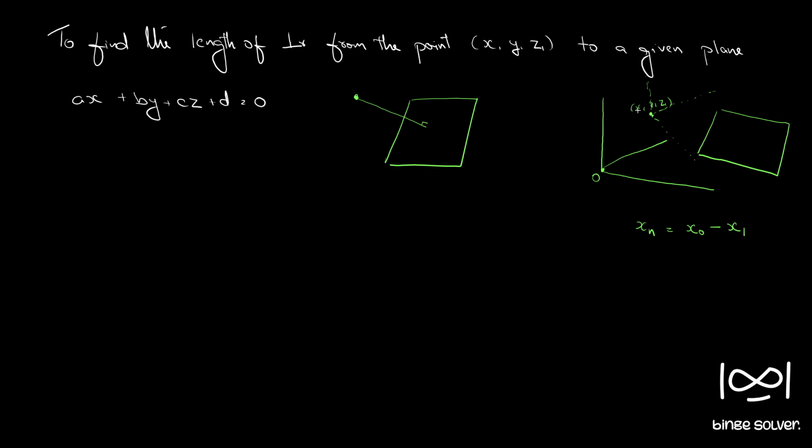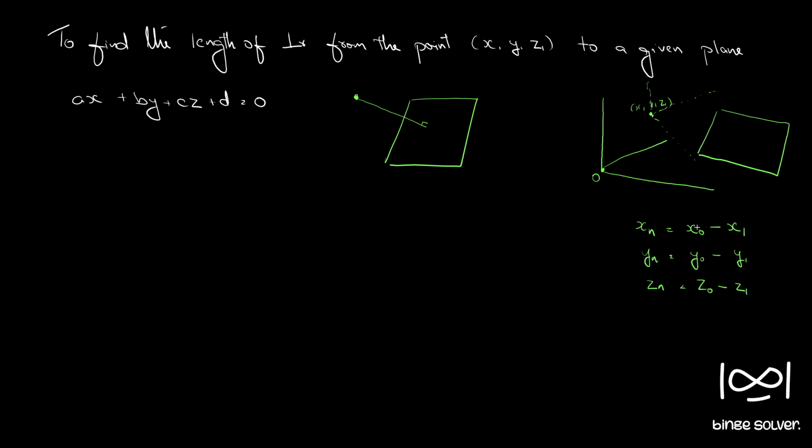To find the new x coordinate when we shift to x1, y1, z1, we have to subtract x1. Similarly, yn becomes y original minus y1, and zn becomes z original minus z1. So this is the transformation we are going to apply to every point to get our new points.